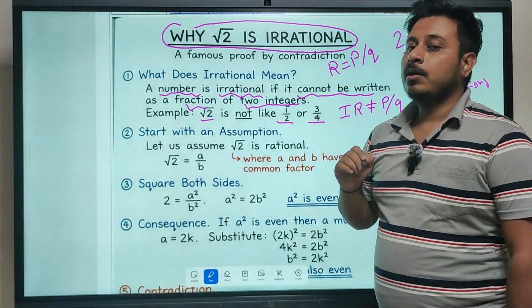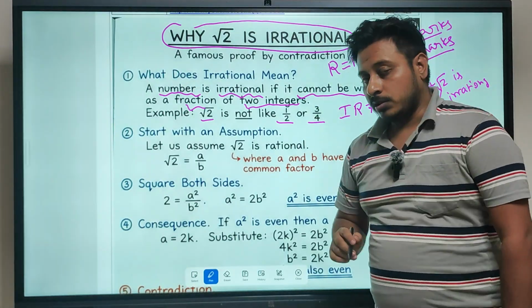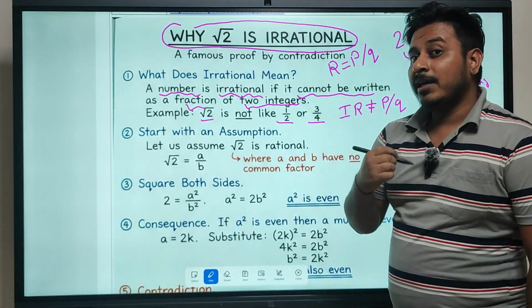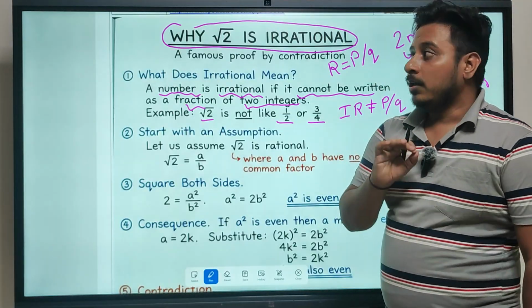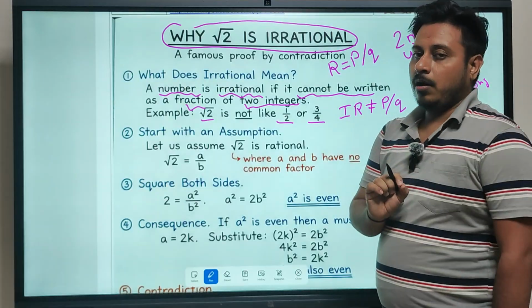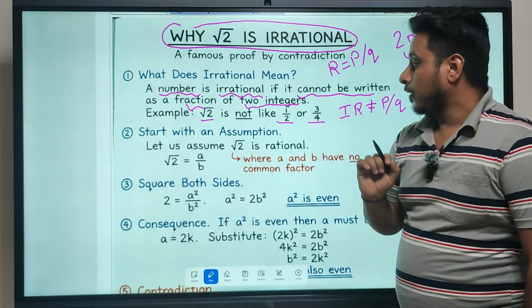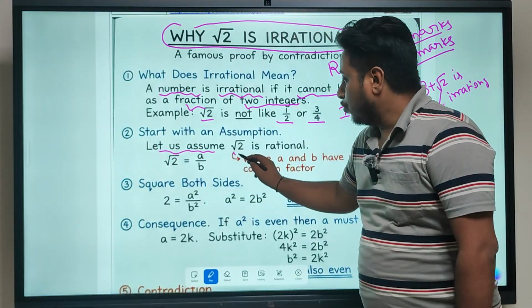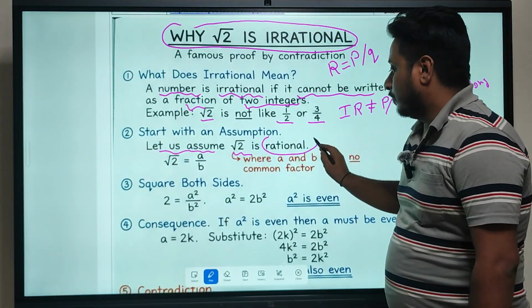So to solve this question, what we do in the exam is we assume, हम मान लेते हैं कि रूट टू जो है वो इरेशनल नंबर ना हो करके वो रेशनल नंबर है. तो हमने क्या किया, let's assume root 2 is a rational number.